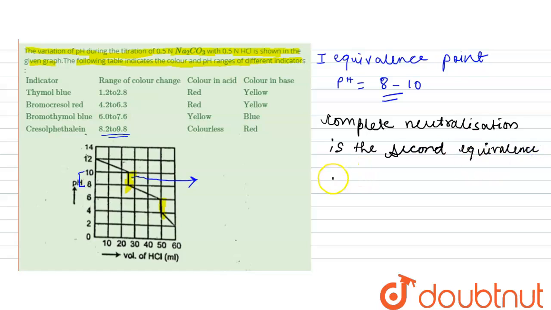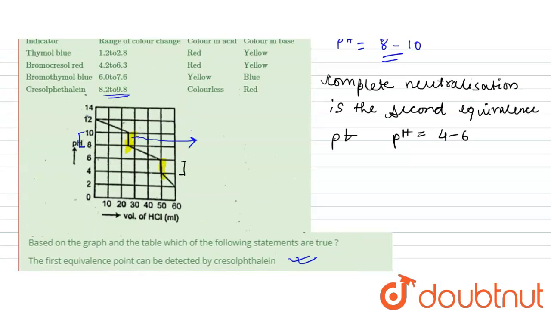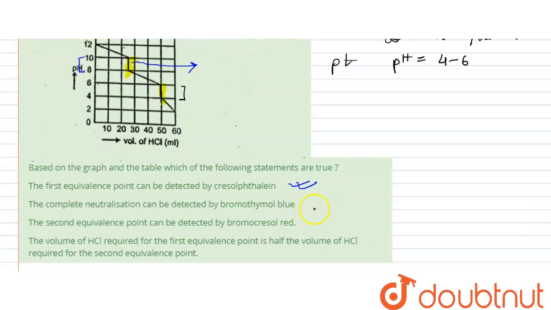Here you can see in the second equivalence point the range of pH is 4 to 6. So you need to check the pH range of Bromothymol blue. Is it 4 to 6? No, it's 6 to 7.6. So definitely this statement is wrong.